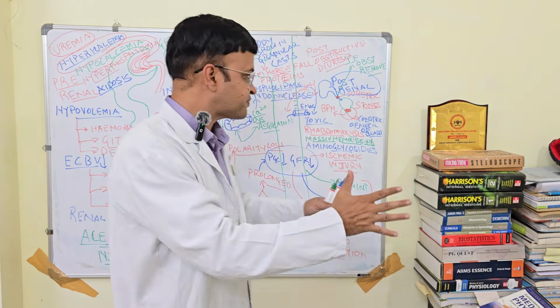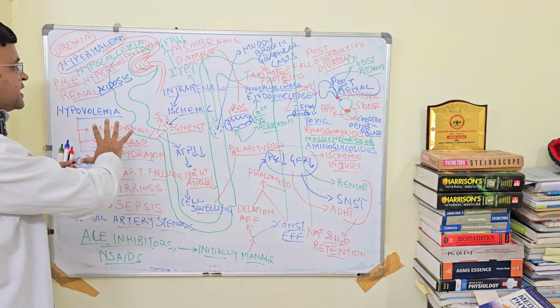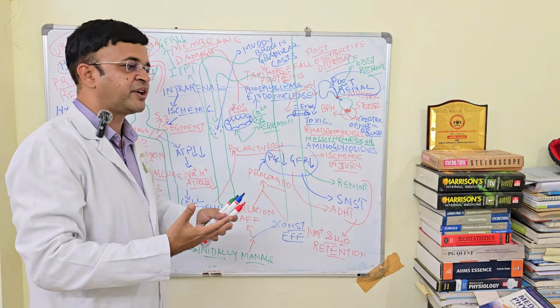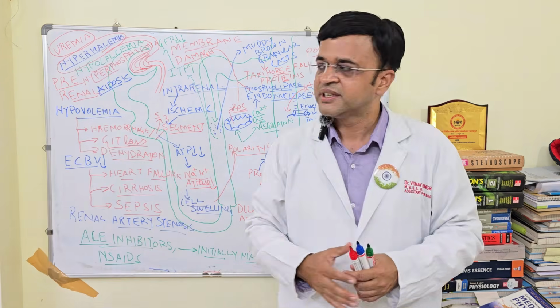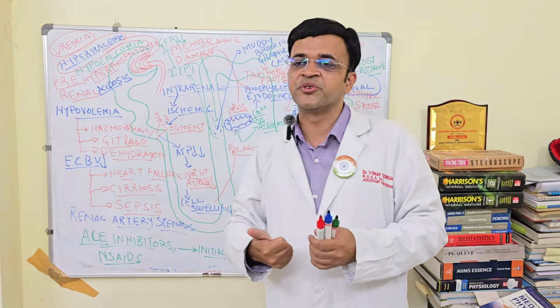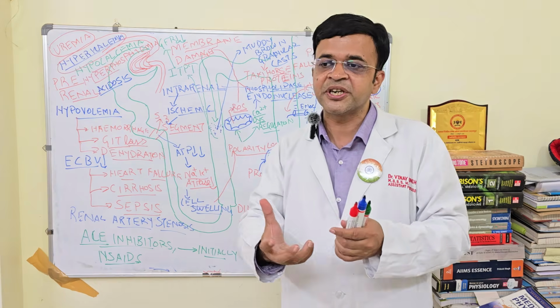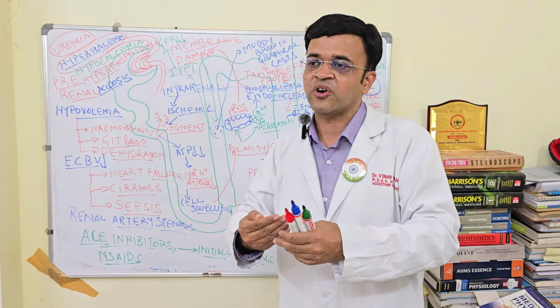So this is in brief about pre-renal, intrarenal and post-renal acute renal failure or acute kidney injury. So let's sum it up. What actually is acute renal failure or acute kidney injury? Sudden deterioration of renal function which happens over hours or days.